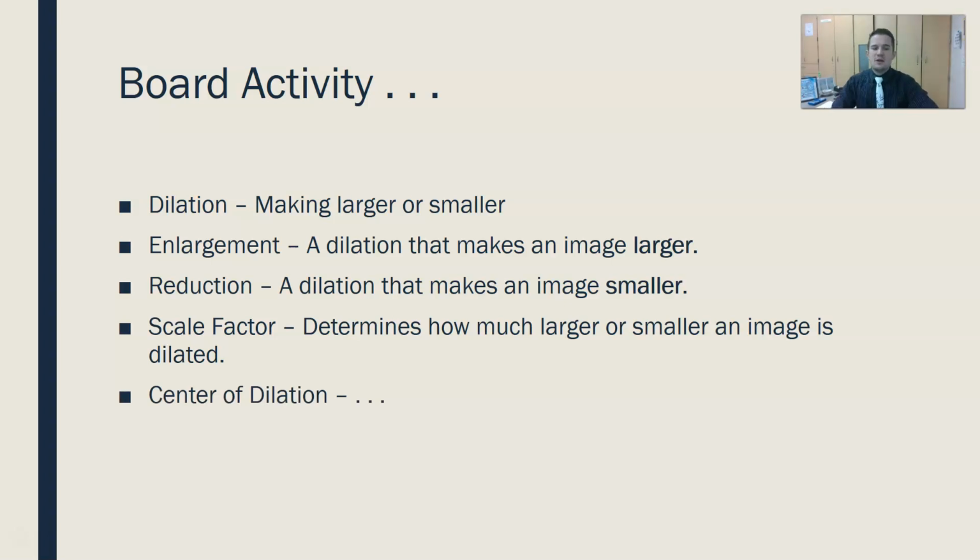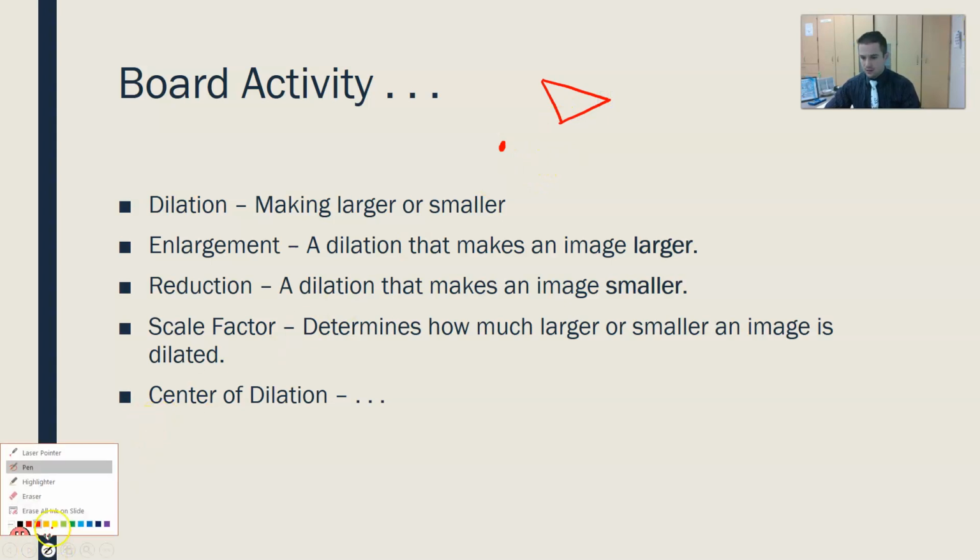And then to explain what a center of dilation is, I'm going to go ahead and draw a little picture. So say I have this point over here on my screen, and I have this triangle. See that? So let me change colors. I'm going to draw a dotted line from this point to this other point on the tip of this triangle. Say I took this length right here and I doubled it.